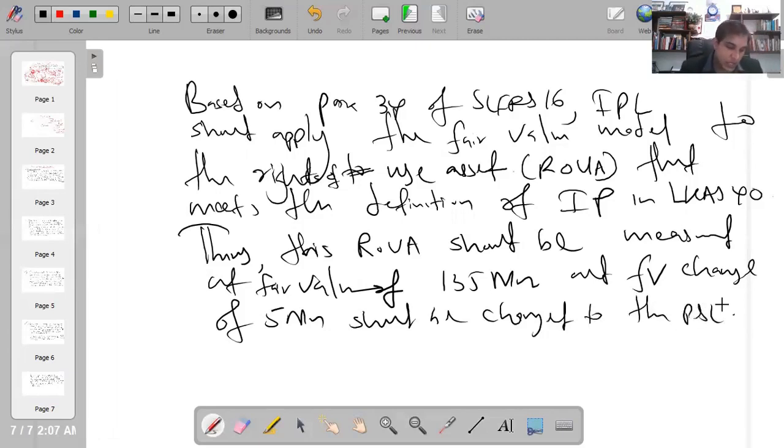Fair value gain of 5 million should be charged into the P&L.